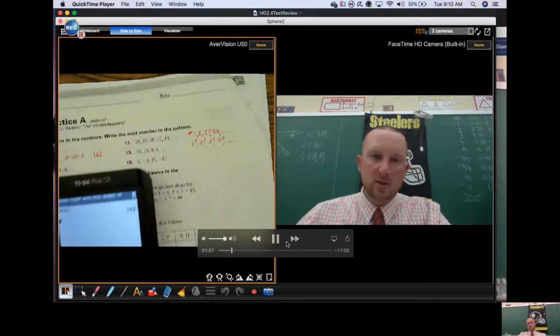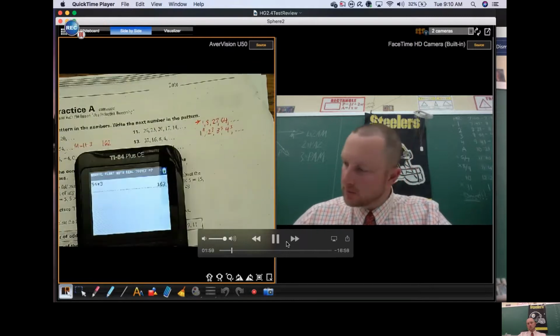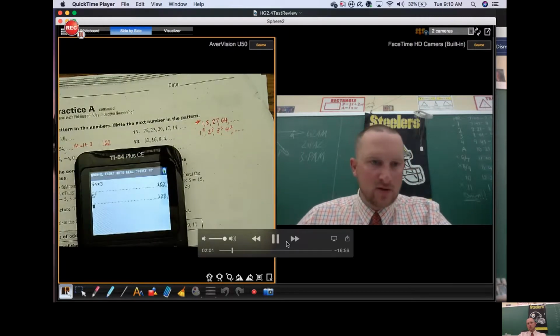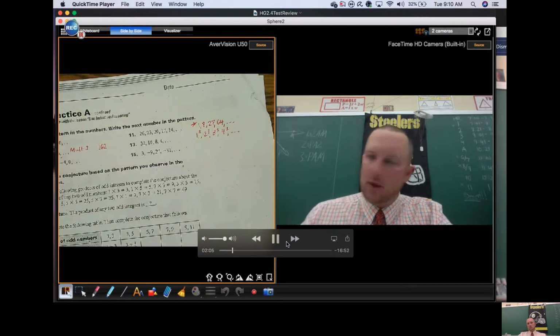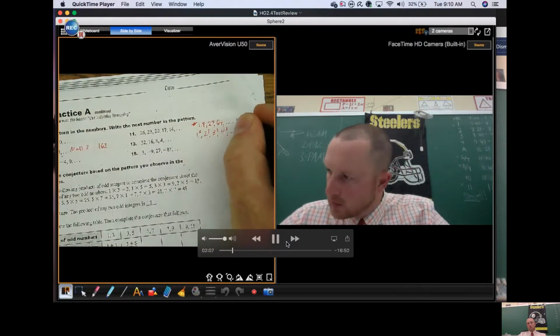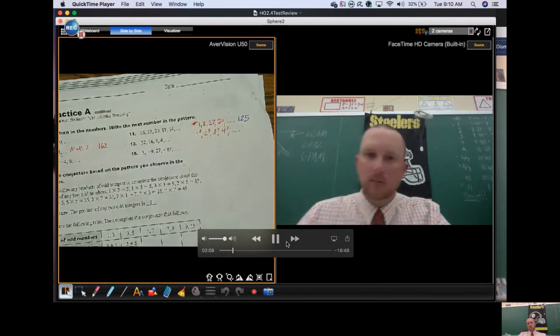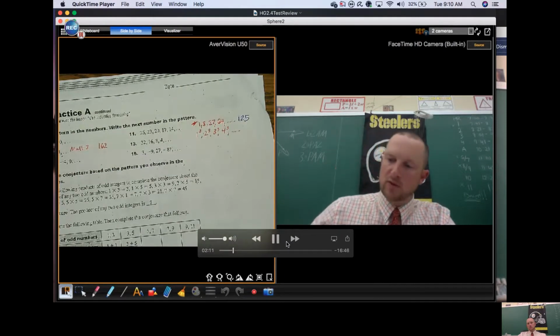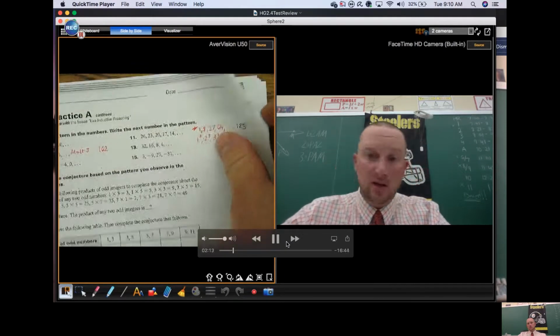So the next term in the sequence for this one is 5 cubed, which would be 125. So that would be your answer to this one. So there's a few questions on inductive reasoning.